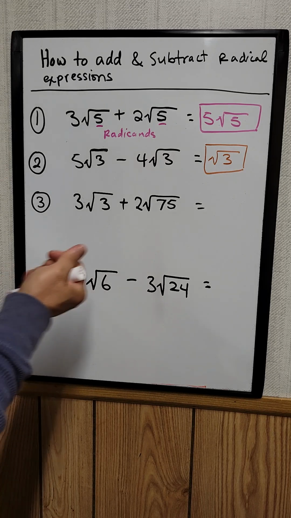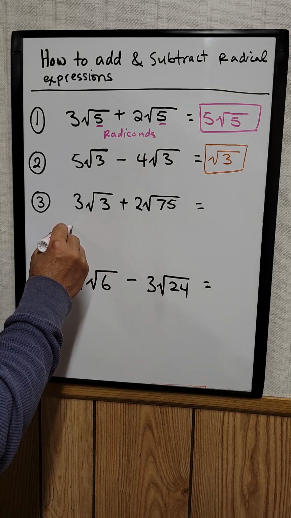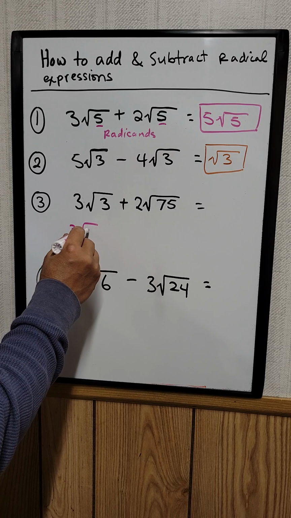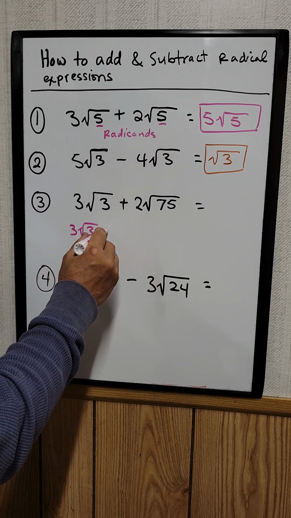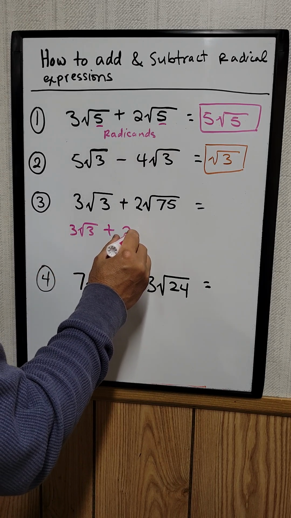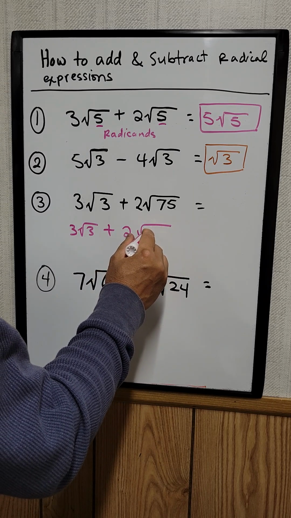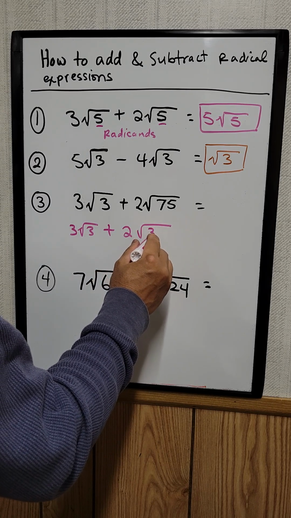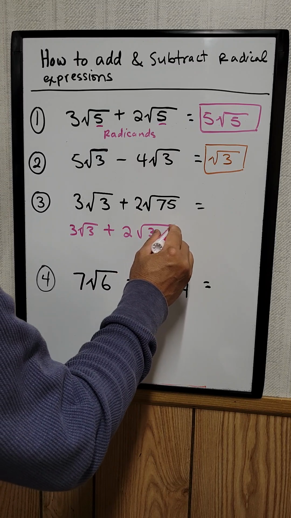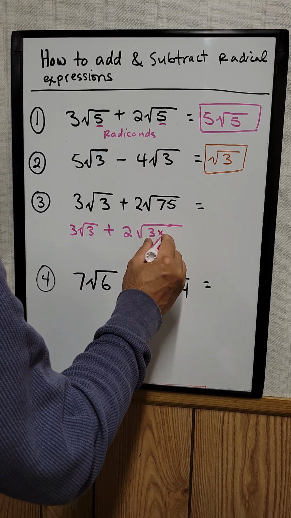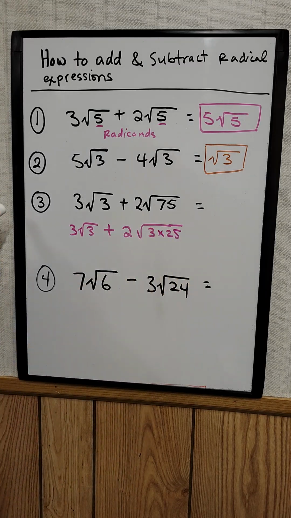We can say 3 times the square root of 3 plus 2 times the square root of 3 times 25. So 3 times 25 is just 75.